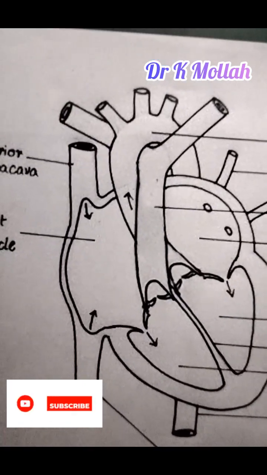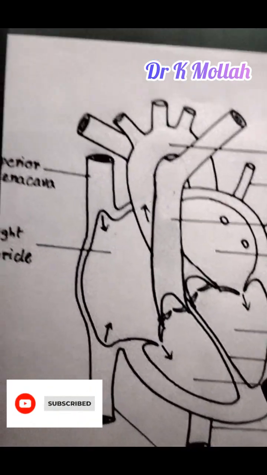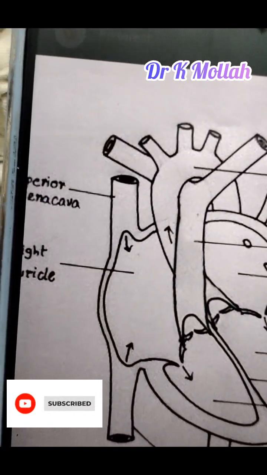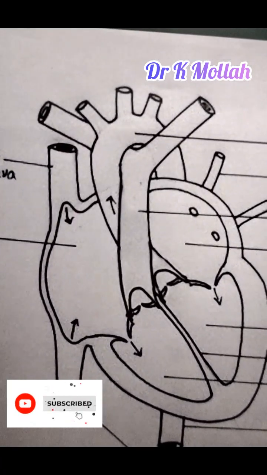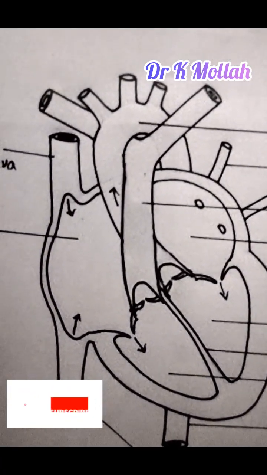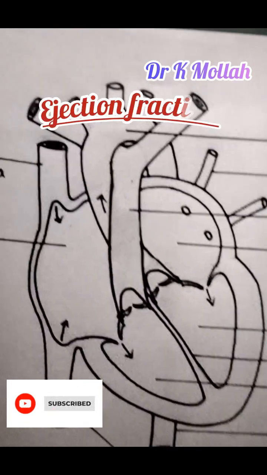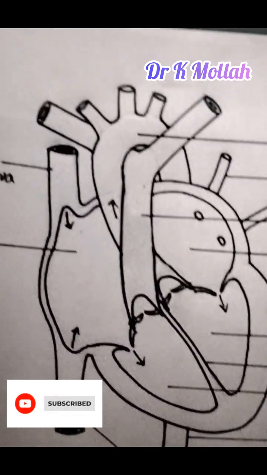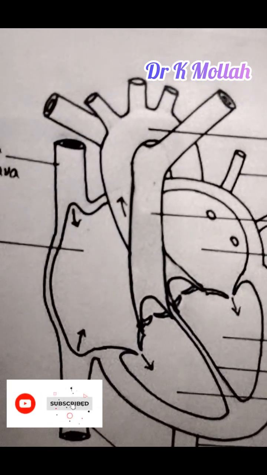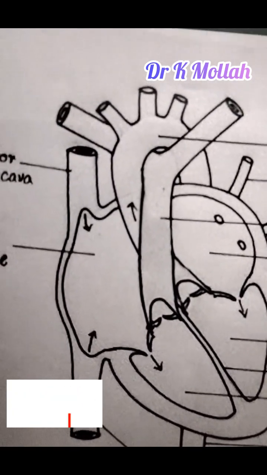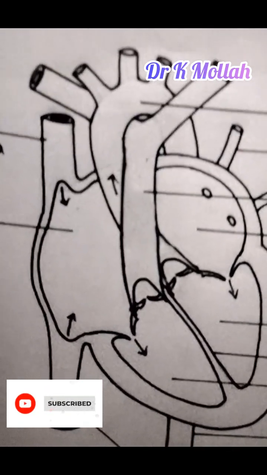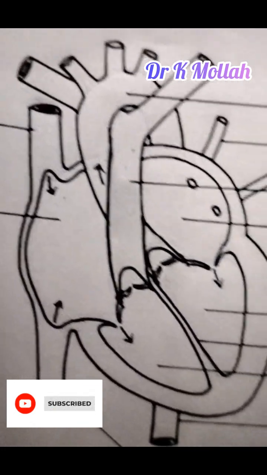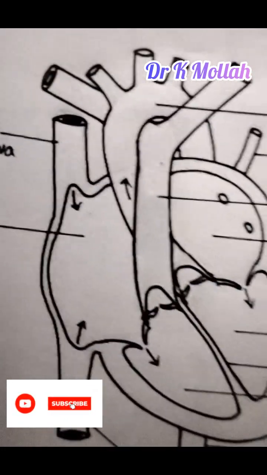In these cases, the left ventricle cannot pump blood as required. We often measure this pumping capacity of the left ventricle through ejection fraction. Ejection fraction of 60 to 65 is normal and good. Actually 40 to 45 is okay, and when it comes below 30, we say the patient is progressing toward heart failure. Hope it is clear.